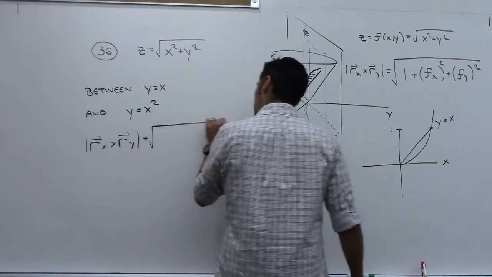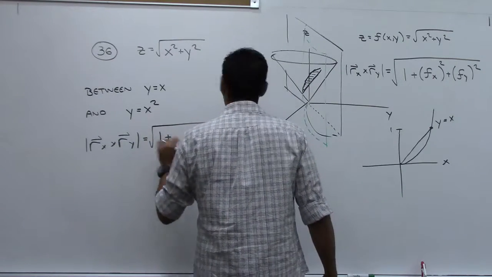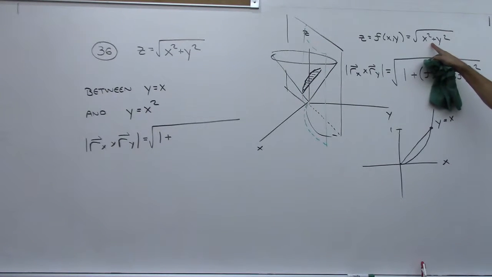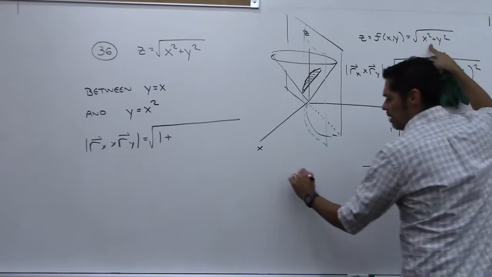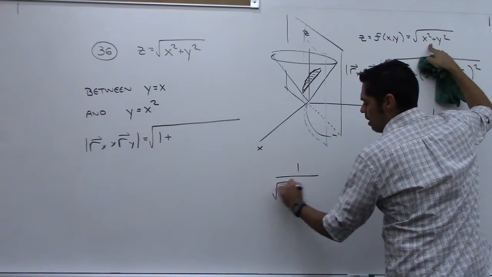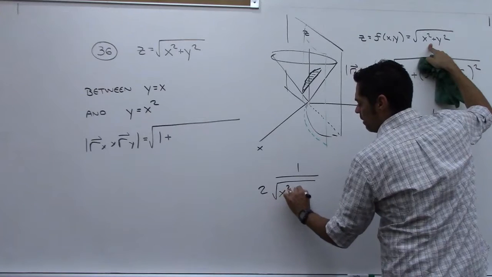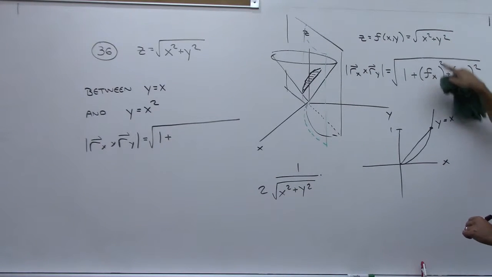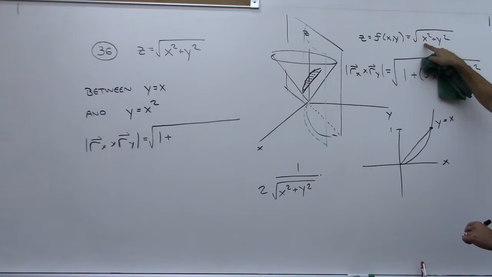square root of 1 plus, now it's going to get a little messy, the derivative of this with respect to x. So first of all, the derivative of the square root of something, I'll do it right here, is 1 over 2 times the square root of the something. Then chain rule says times the derivative of what's inside. Well, with respect to x, that's 2x.